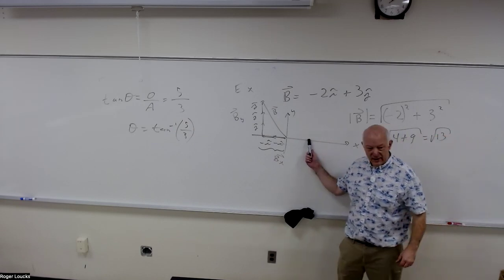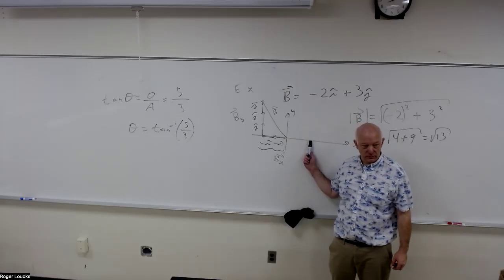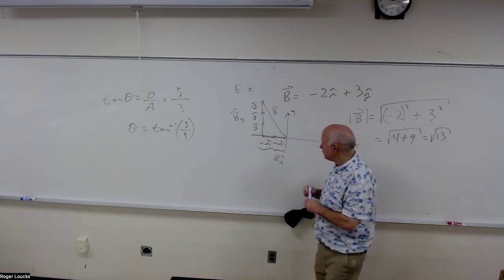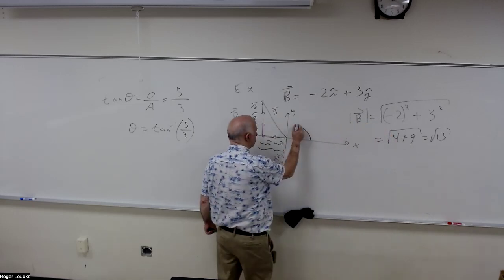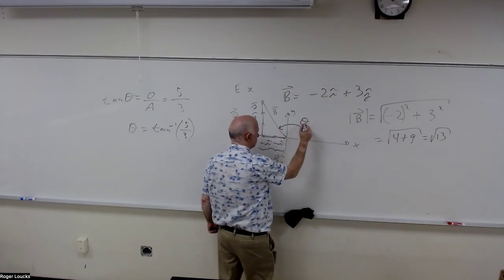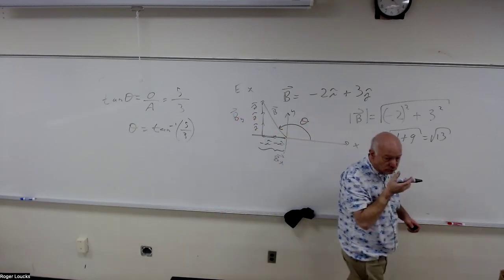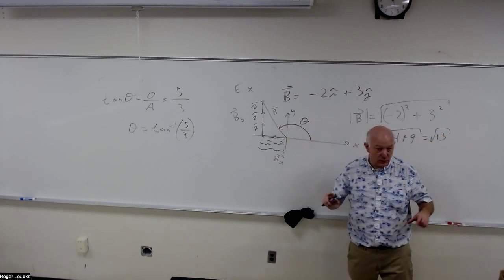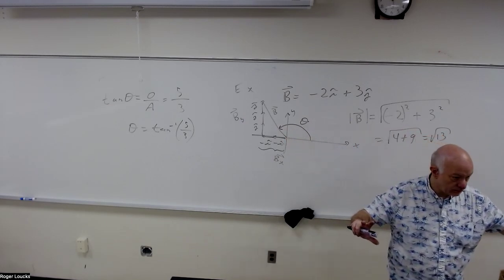You always start at the x-axis and you go counterclockwise like this. This is how you specify an angle. So in this case, this right here is theta. That's how you always specify an angle.